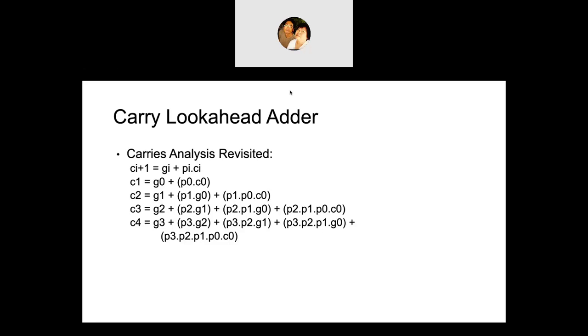But now with this notation, if you have the term P for propagate and the term G for generate, and we have this form of equation, I believe that you can come up with C8.